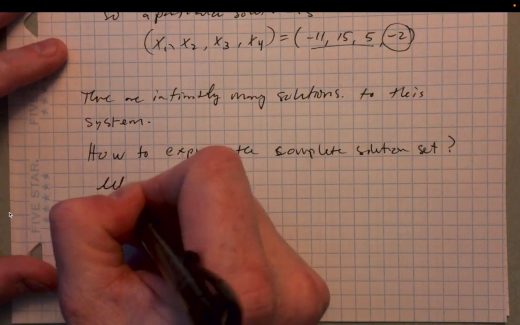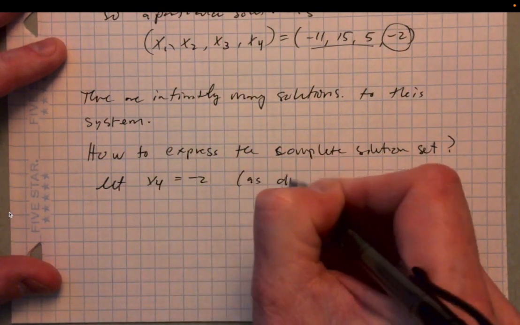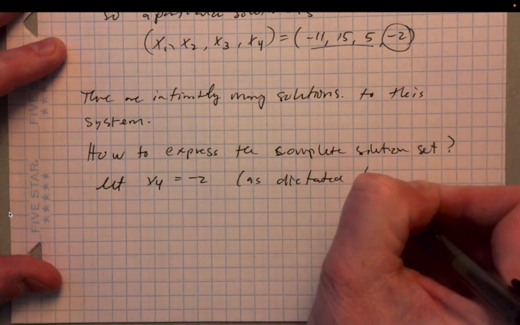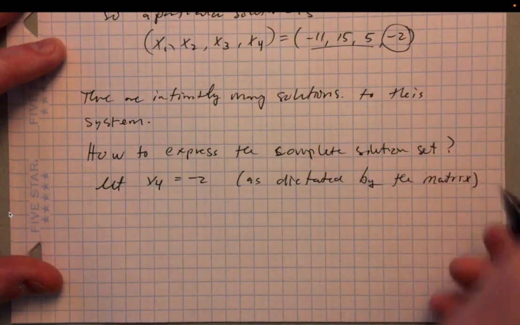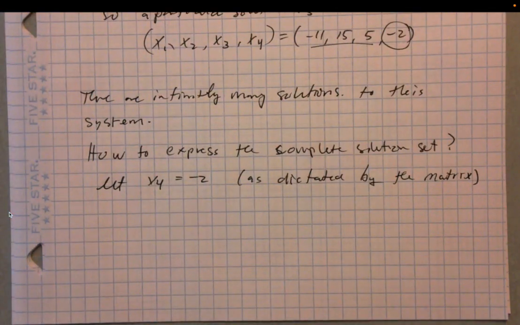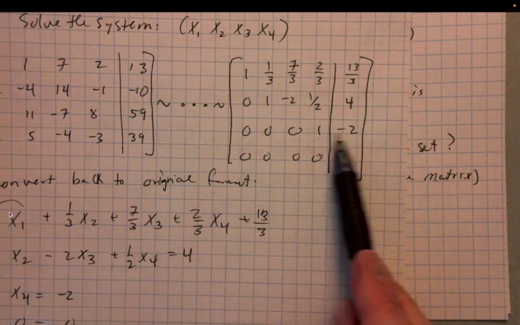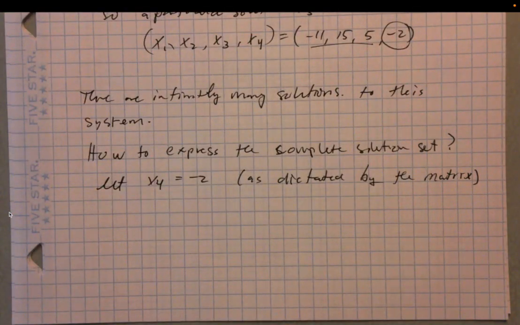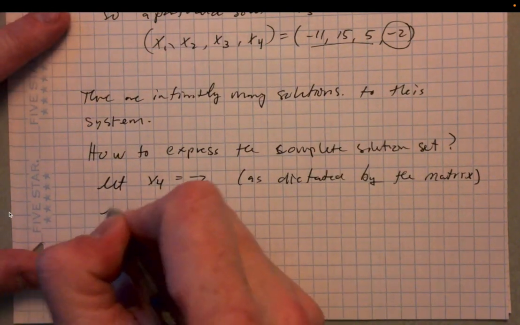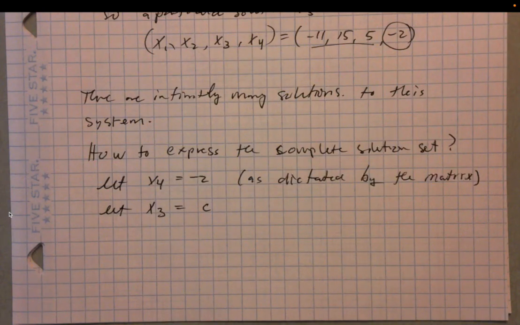Yes, so we'll let x4 equal -2 as dictated by the matrix. Remember the matrix? What did the matrix show us? It shows us that x4 is equal to -2 if you look back. So that one is always there. We'll let x3 equal some value c.